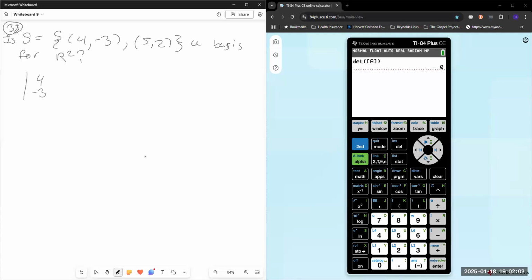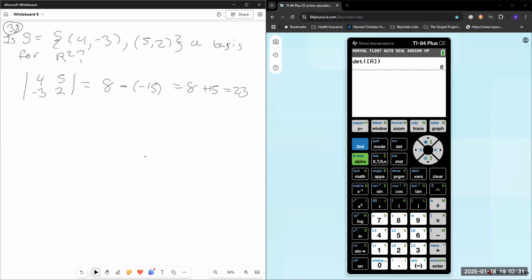For negative 3, 5, 2, the determinant is 8 minus a negative 15, which is 8 plus 15, is 23. Therefore, there is a unique solution if I would augment this with zeros, making these linearly independent.